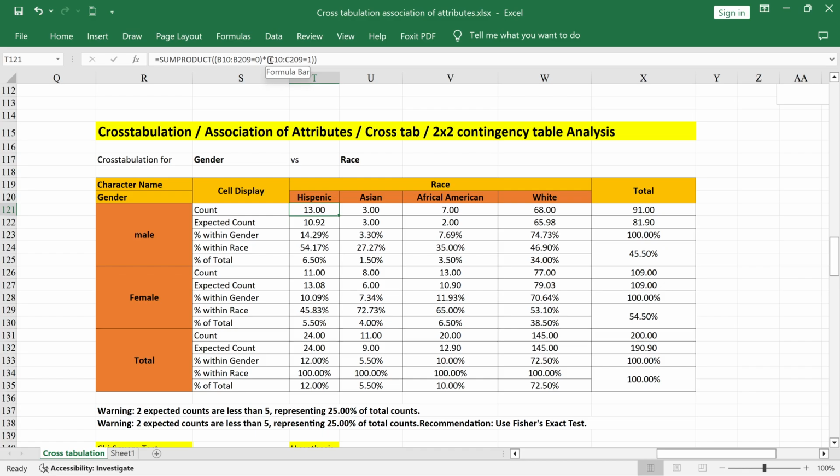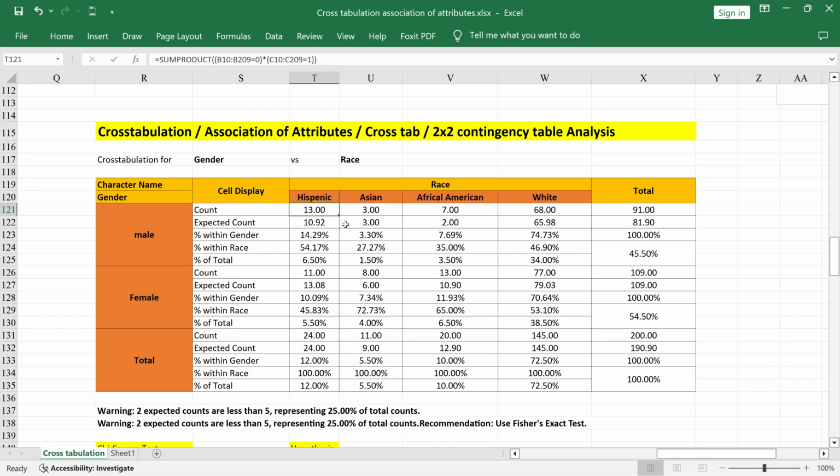It means 200 observations. In that I wrote 1, which indicates Hispanic. If here is 2, it's Asian, 3 African American, 4 white.